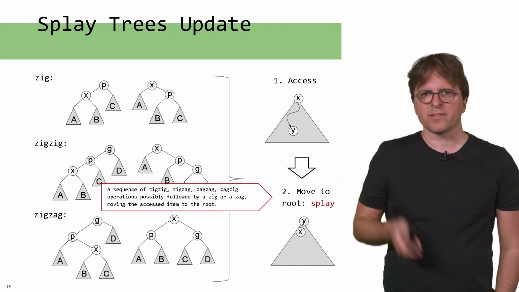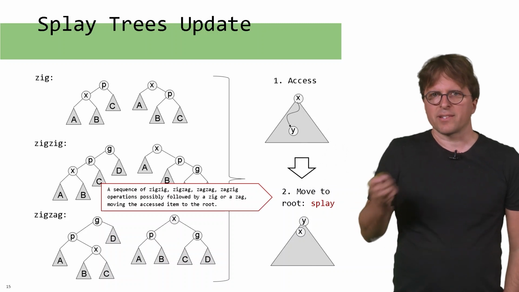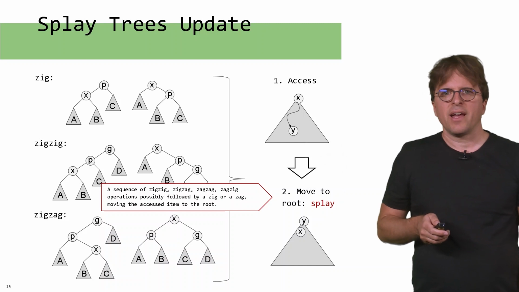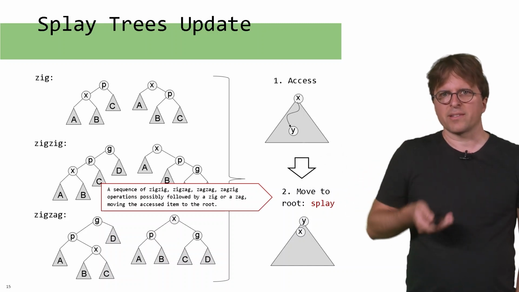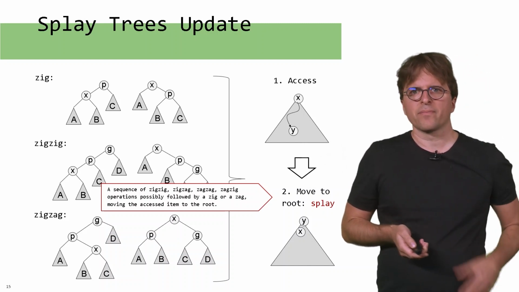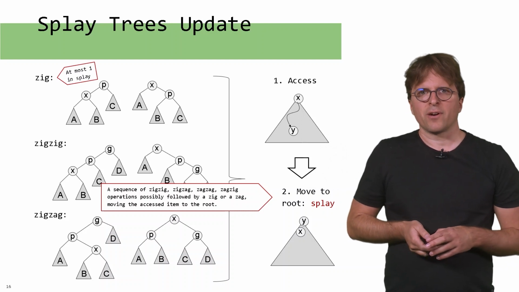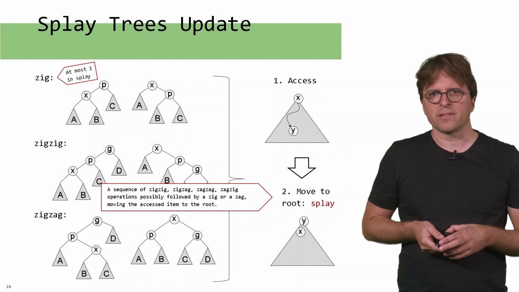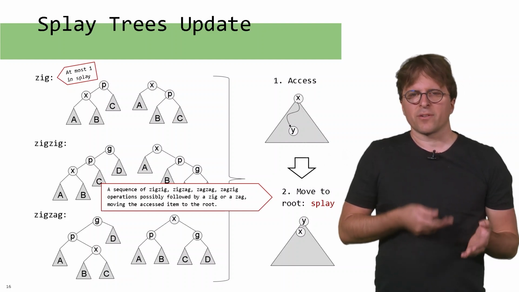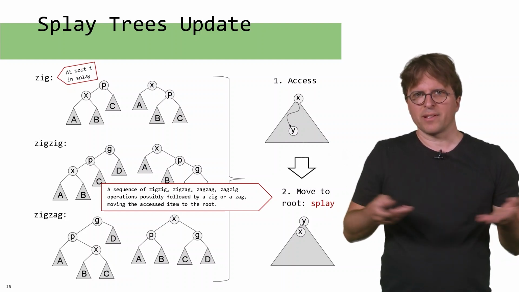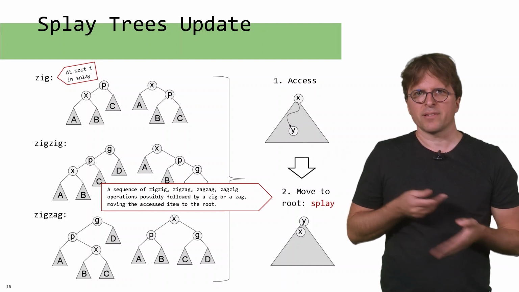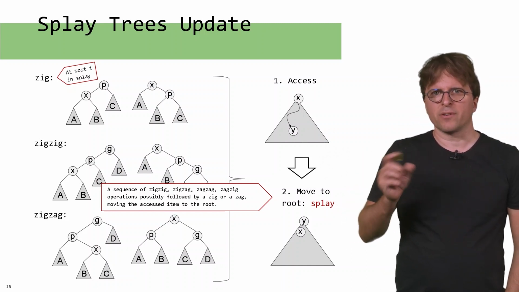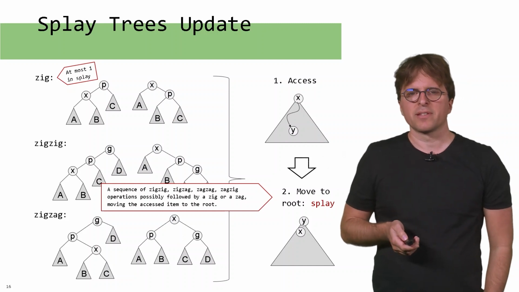All the other operations are zig-zig or zigzag, always 2 operations at once, just moving this item y to the root. So we only have at most 1 zig or at most 1 zag operation in this splay procedure. It's only the last operation that we do during the splay, depending on whether it's an even or an odd number of times we do this.